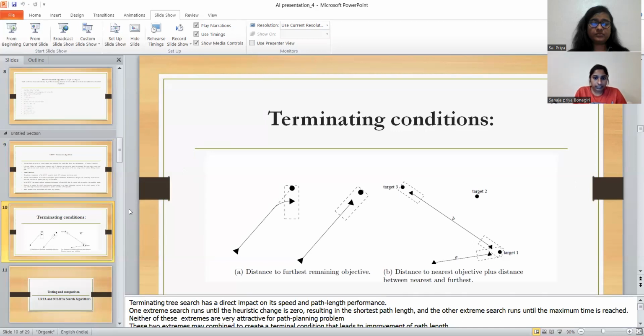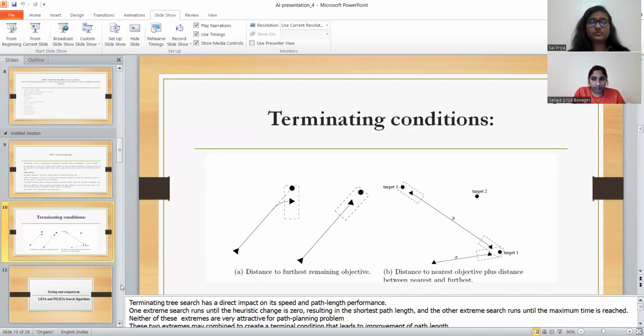So, terminating conditions. These are two extremes, however, and may be combined to provide a termination condition that fosters continuous improvement of the path length while also allowing the algorithm to be terminated if no progress is made. This condition is to end the search if there has been no improvement in the path length for a certain number of iterations.